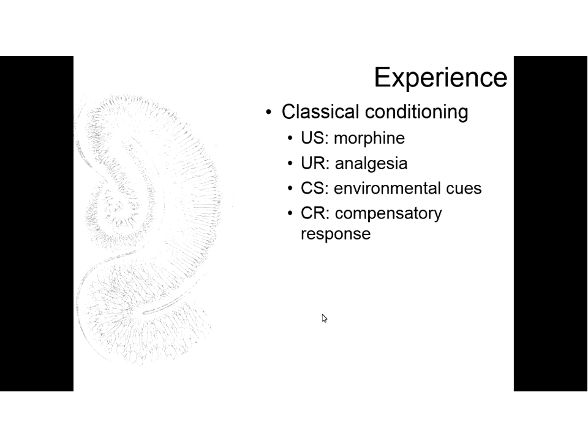So you're not going to be as sensitive to pain after receiving morphine, and just like if you were to give food, you would see drooling, you give morphine, you see analgesia. So the unconditioned stimulus is morphine, the unconditioned response is analgesia. Now, what would be a possible conditioned stimulus? Dwight used that tone.